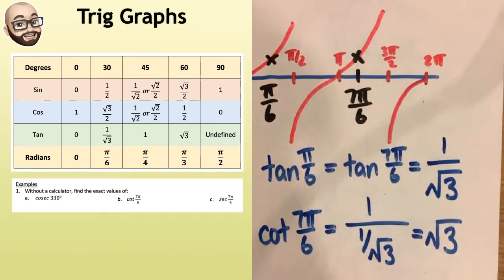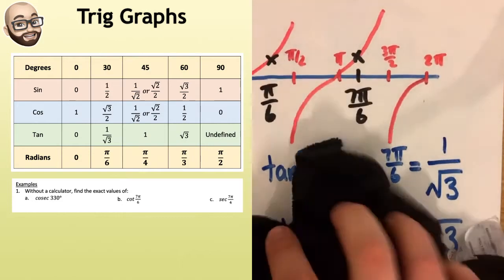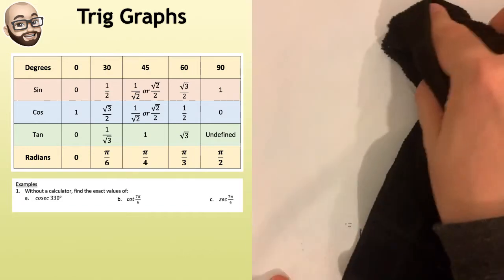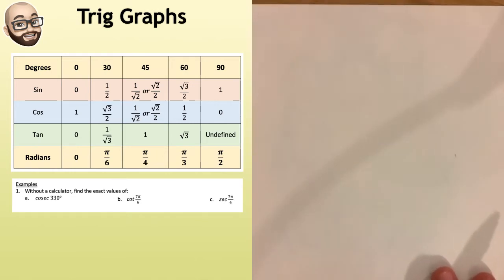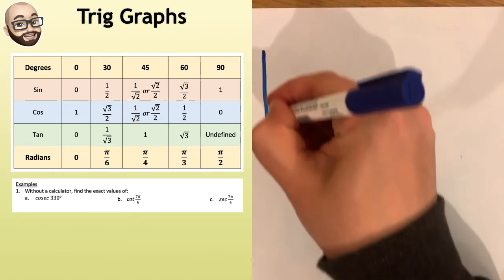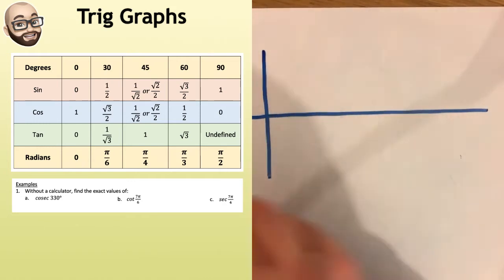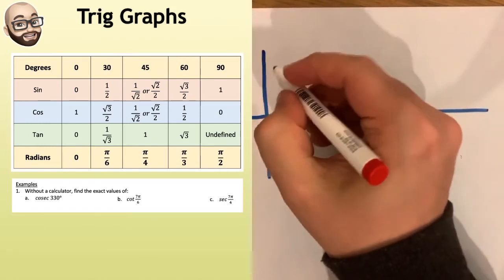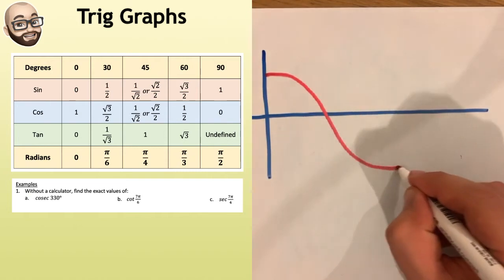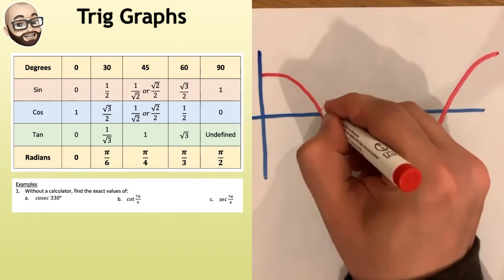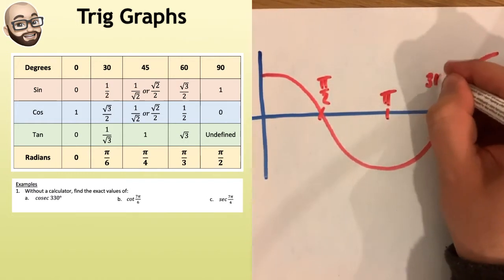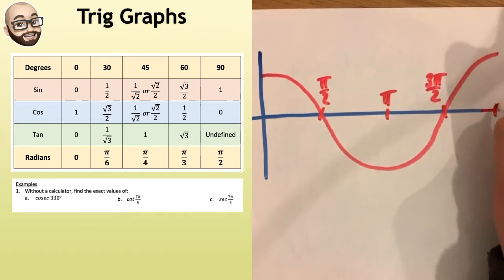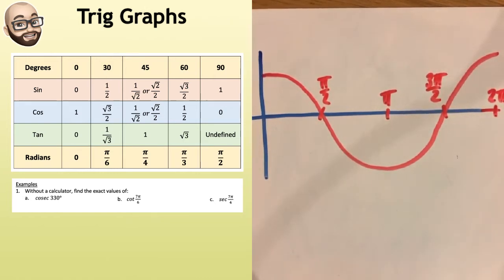And then the last one says sec of 7 pi over 4, sec being 1 over cos, so this time we need a cos graph. And we're looking for 7 pi over 4.